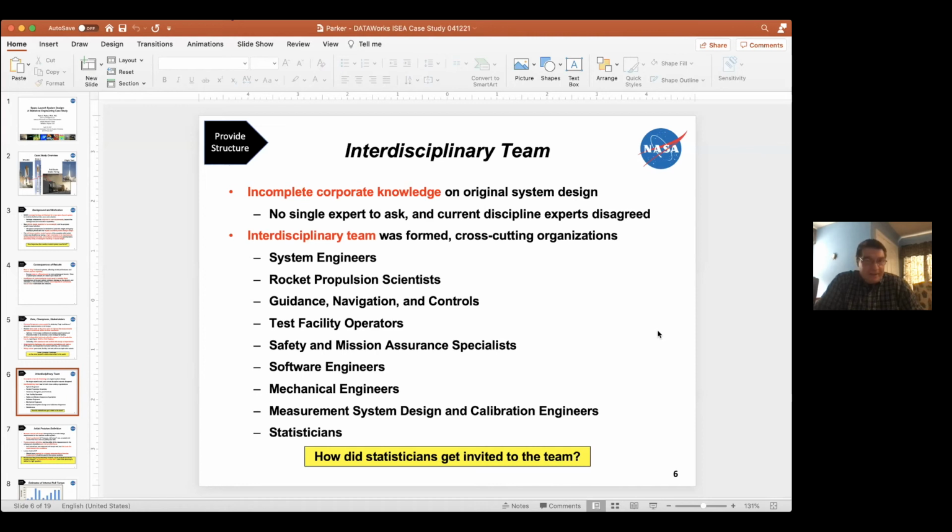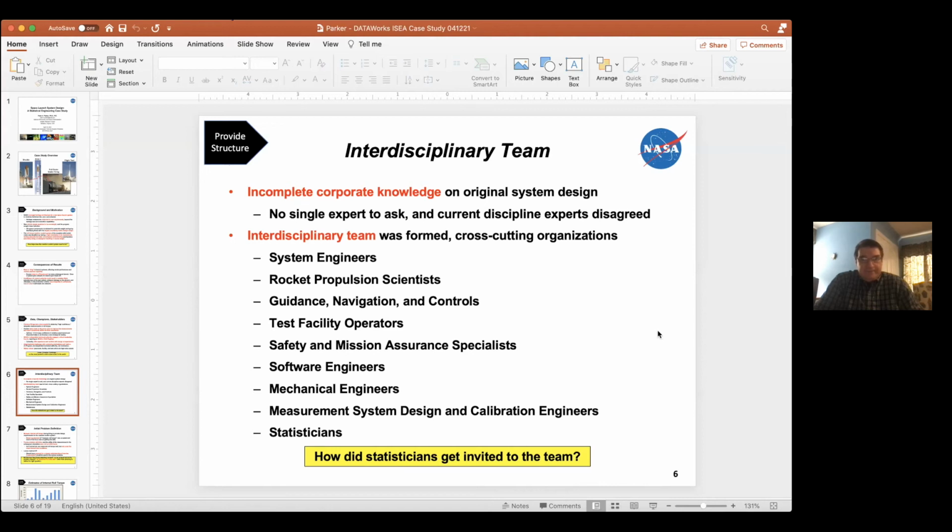So there was no single expert to ask, and the multiple disciplines, as we started, had disagreements about what this roll torque value could be. I'm going to show a chart here in a few slides to show you numerically how much they disagreed. But it came from first principles, from scaling other vehicles, from computational analyses, modeling and simulation, and they all didn't agree.